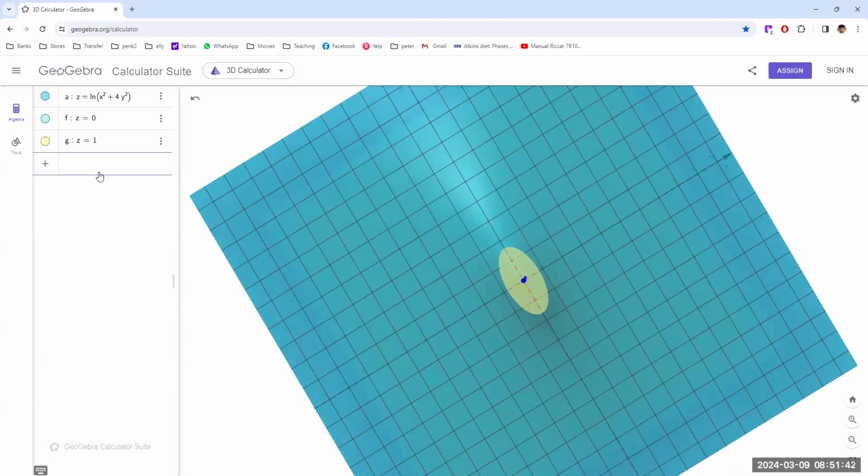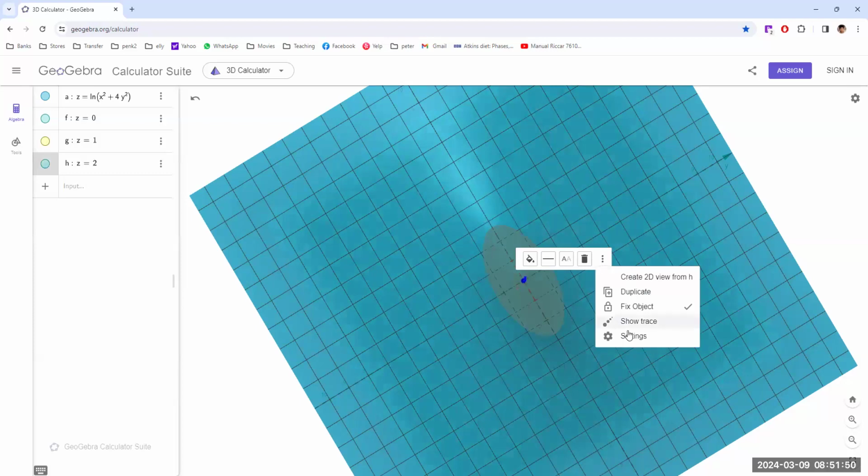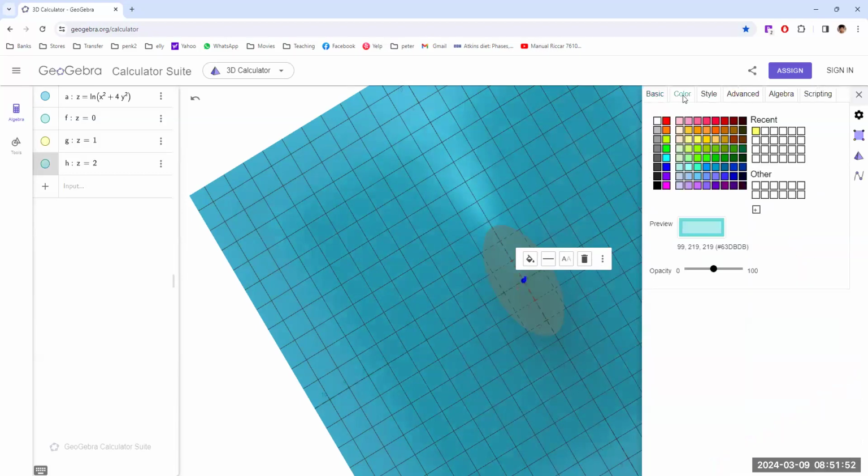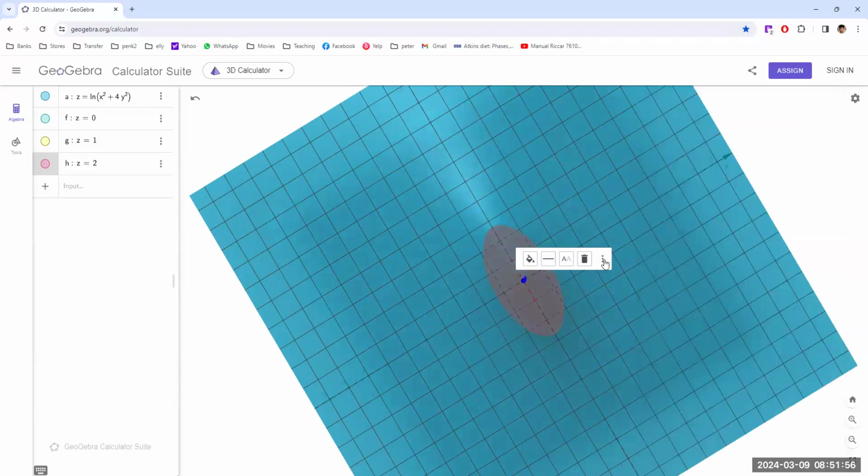Let's go on further when c equals 2. That's what it looks like. Let's change the color, maybe light red. Okay, so that's what it looks like.